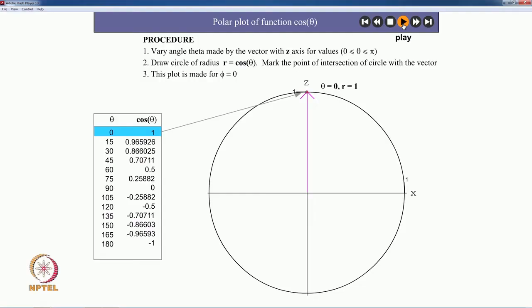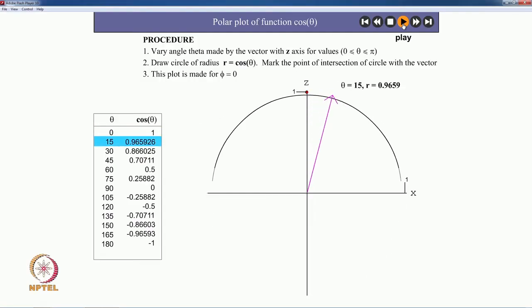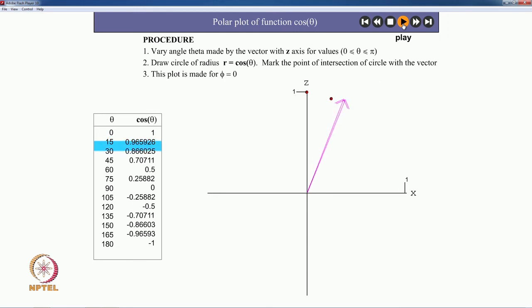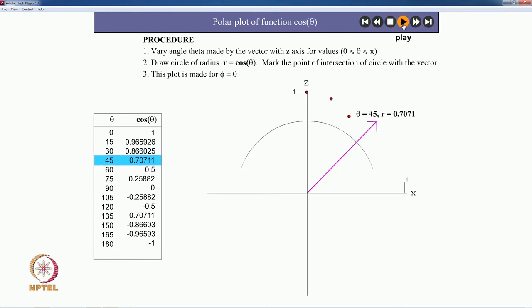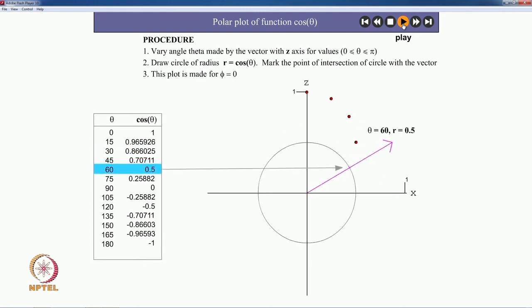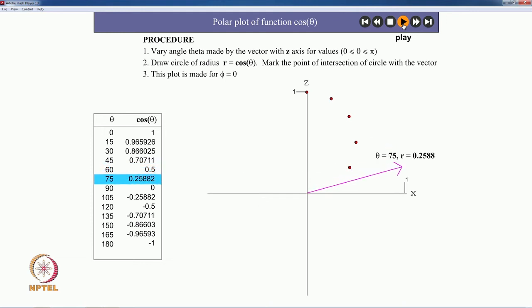Okay. So, this is theta equal to 0, cos theta is 1, at 15 degrees cos theta is 0.9. You mark it on the radius, the entire length. And then you connect all these points to get a representation for cos theta on a polar system, spherical polar system.